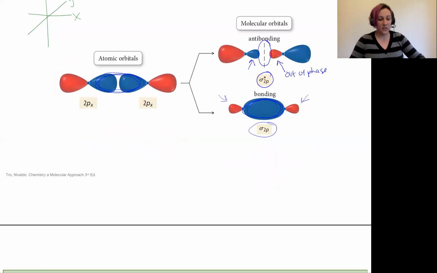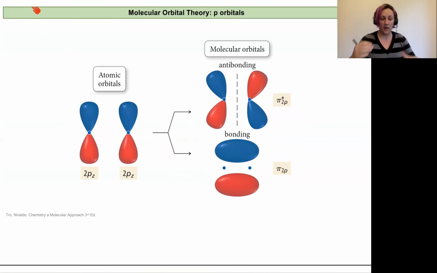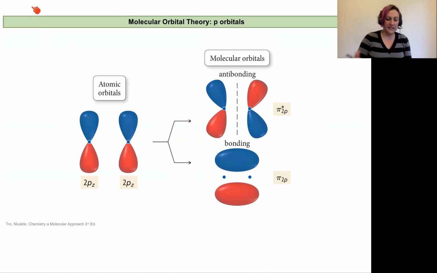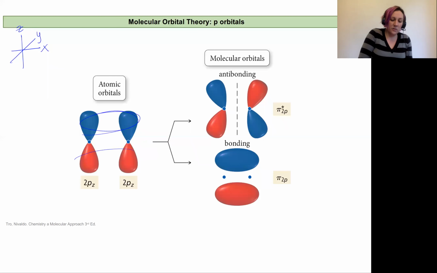Now, the next two are going to come parallel to one another rather than head on. So here's 2pz, and again remember, we've got our axis. When these come together in a constructive interference, when these wave functions overlap constructively, the two lobes on either side of the node of the p orbital are going to overlap and get bigger.